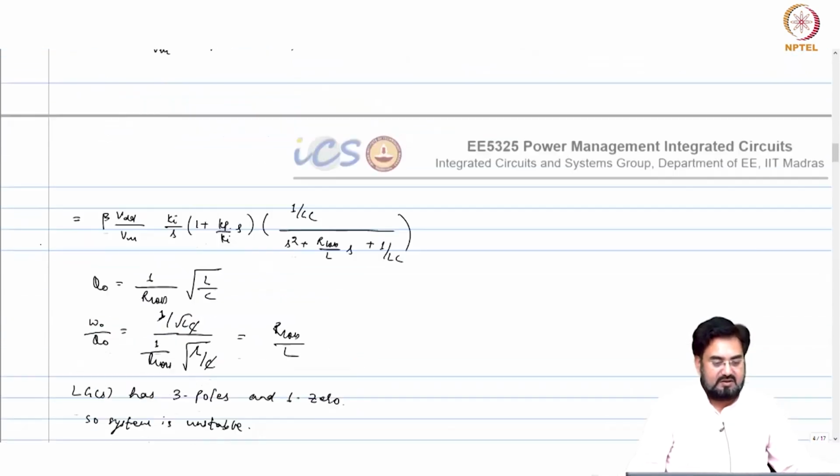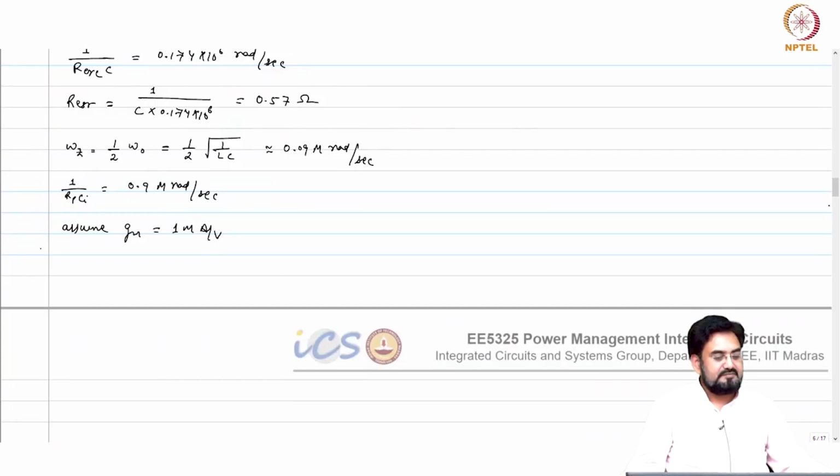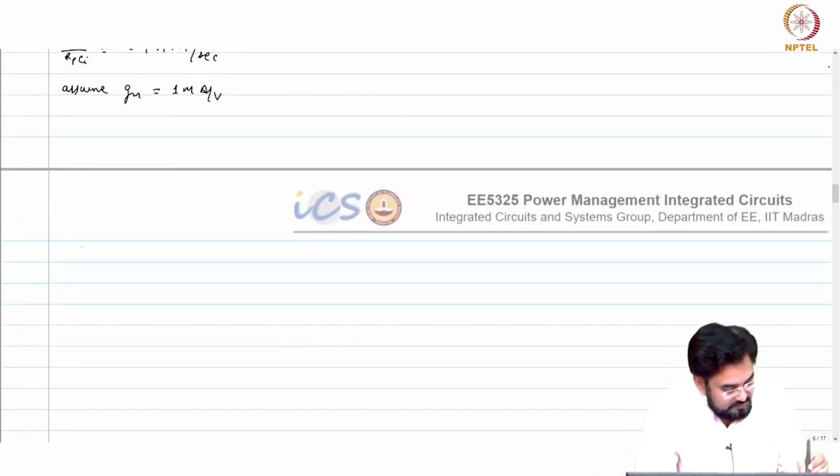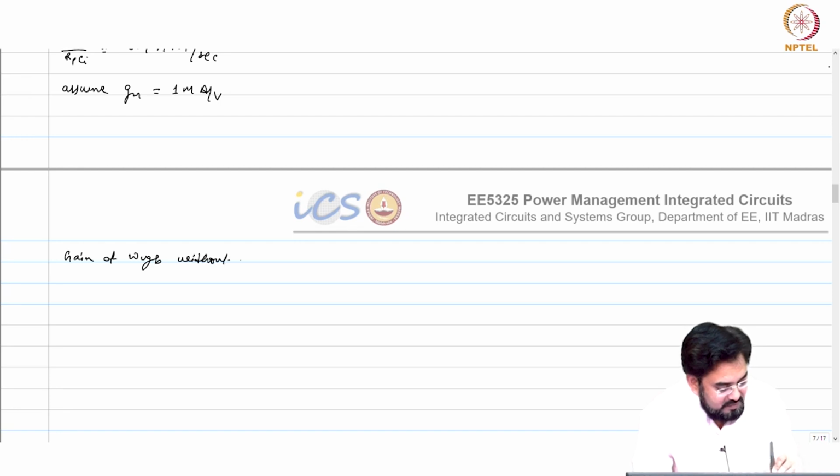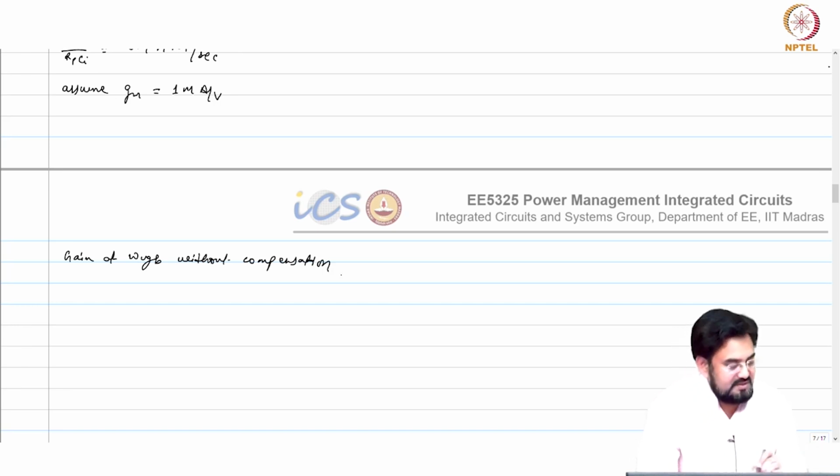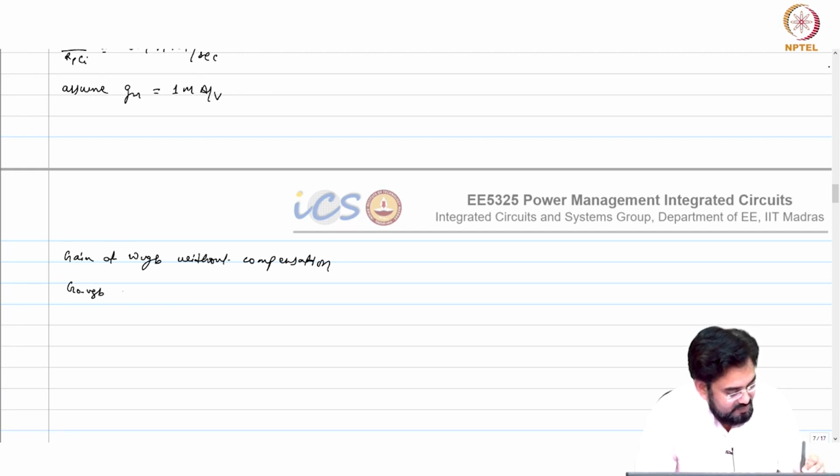Okay. So how much gain do we require at UGB? What is the gain right now without compensator? So the gain at UGB without compensation, I will call it G0 UGB.